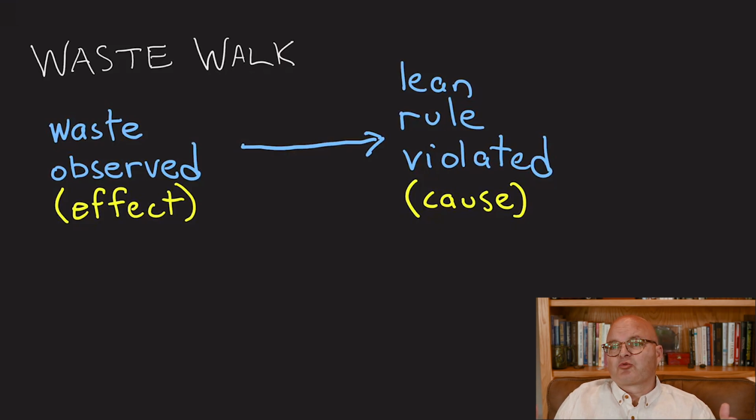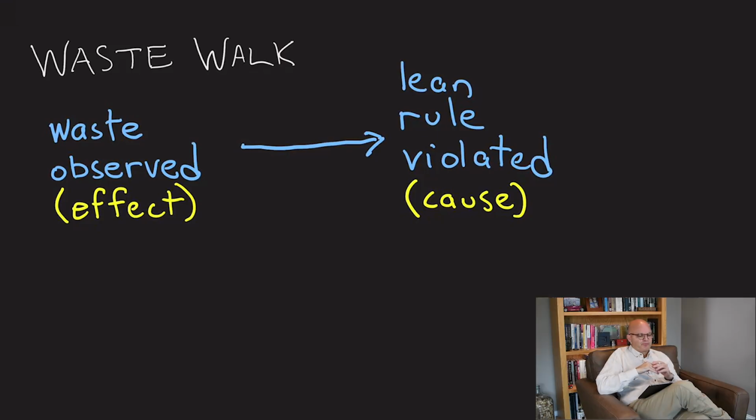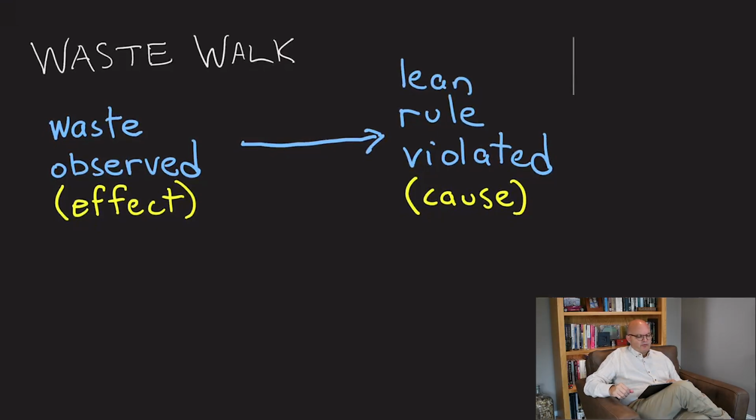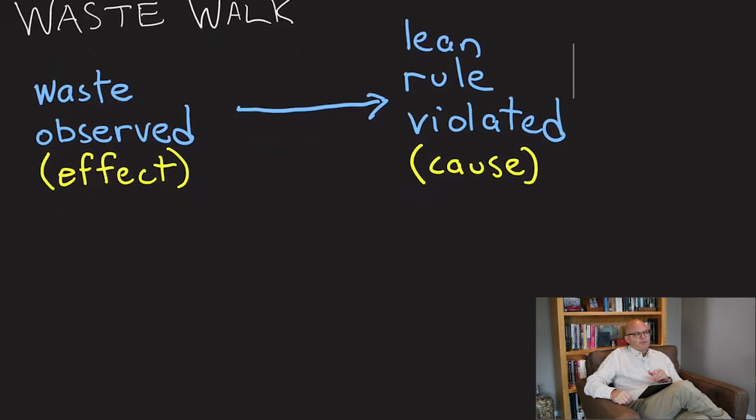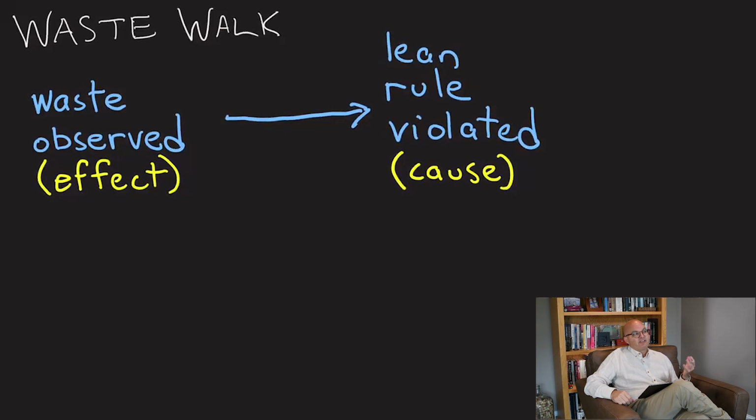They go on waste walks, whether they be virtual waste walks of a knowledge work process or physical waste walks of an operation or a physical process. So, as you're doing that, you've observed some waste, right? But when you observe waste, what you really saw was the outcome, the effect. It's not the cause. The waste is simply a problem statement that you can now go and solve.